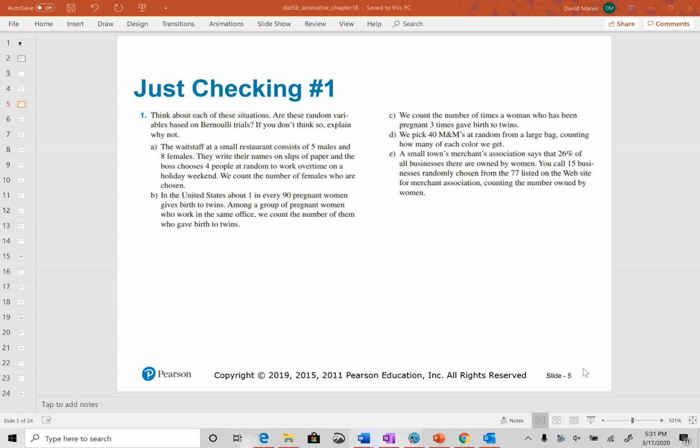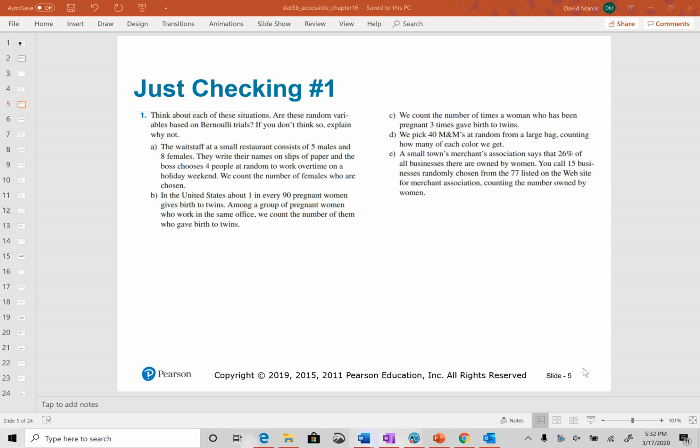So my response is no, that is not a Bernoulli trial. The population is so small. Every time that you pull a name out of a hat, the probability of choosing a female changes every single time. So, first of all, they're not independent, and we're taking something that's way more than 10%.